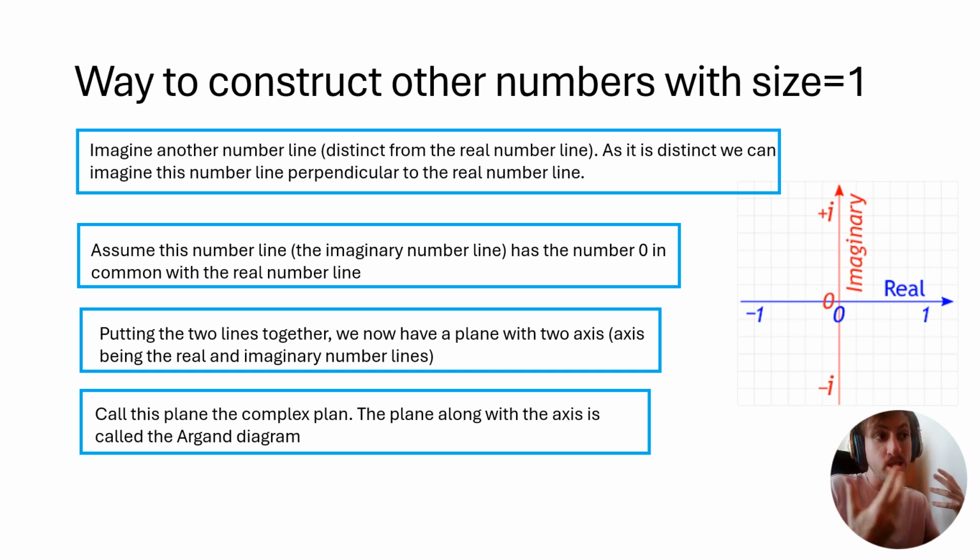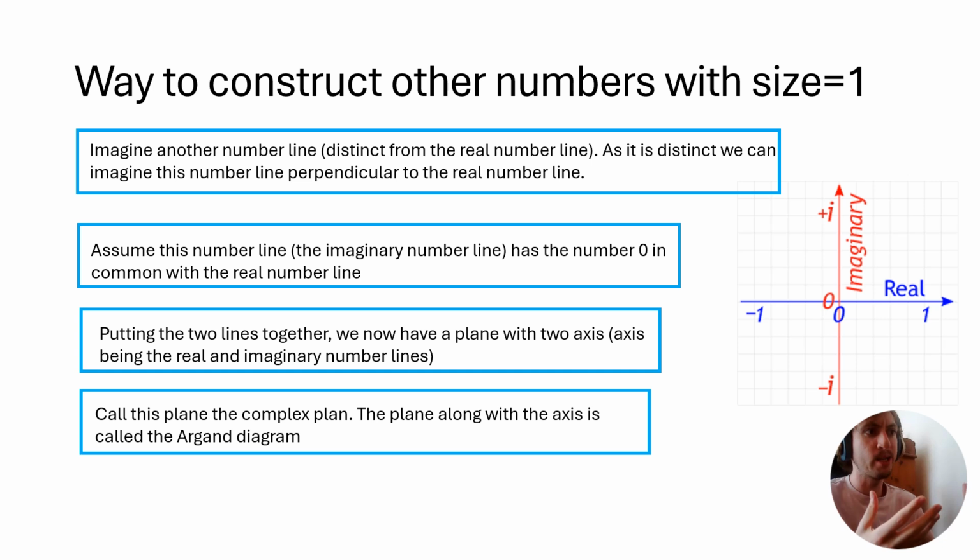numbers which in general will be a mixture of real and imaginary, because if we have a point and the point doesn't lie along one of our axes, then that point represents a number that has a real component and an imaginary component. So we call that kind of number complex.